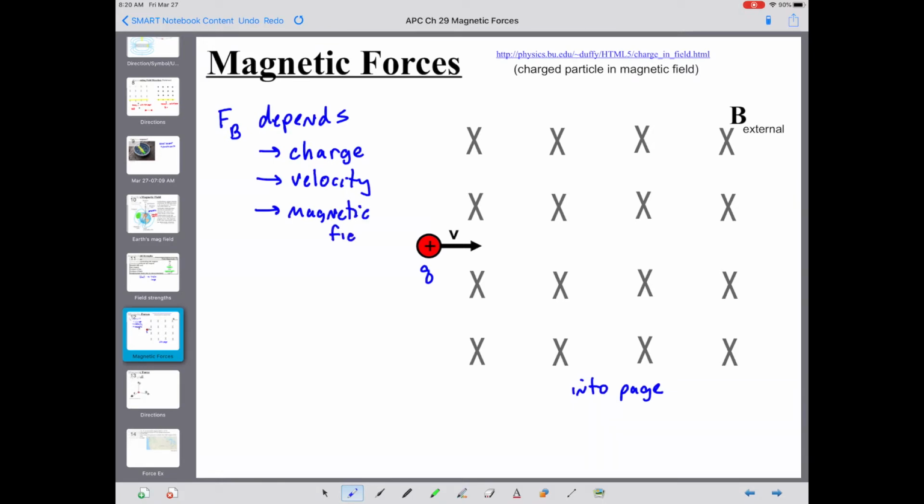If we had a stronger or a weaker magnetic field, then we would correspondingly have more or less force. So the force depends on Q, V, and B. For the charge shown in the diagram on the right side, what we observed was this charge in the simulation went around in a curved path.